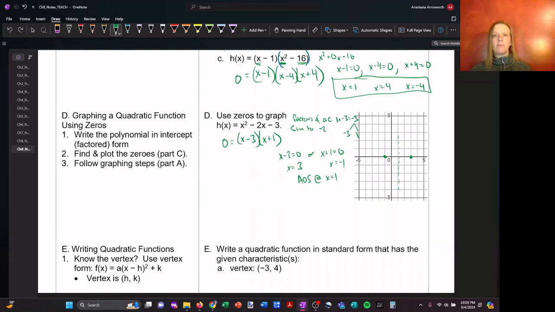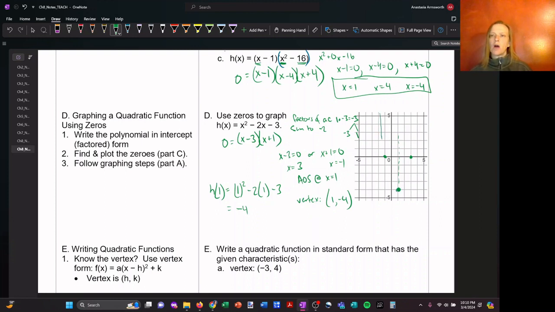So I'm going to take that input value of x equals 1 and plug it into my original equation to find out that, let's see, 1 minus 2 minus 3 is negative 4. So my vertex is at 1 comma negative 4. There's my vertex.